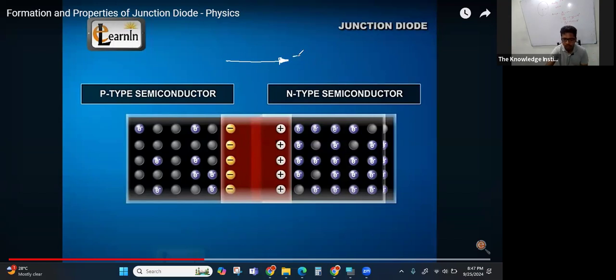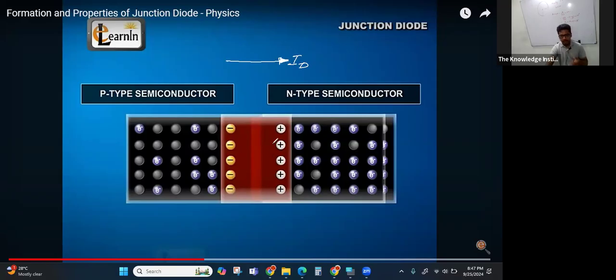Therefore, as a resultant, we can consider there is a diffusion current in this direction. As soon as electrons diffuse, holes and electrons will recombine. As a result, there will be left positive donor atoms and negative acceptor atoms.